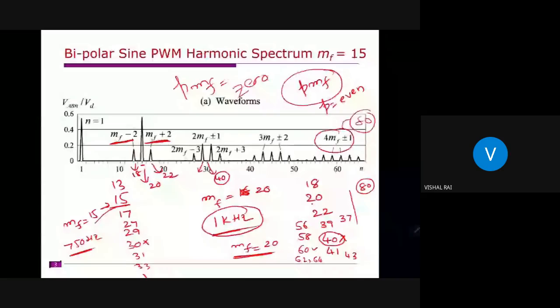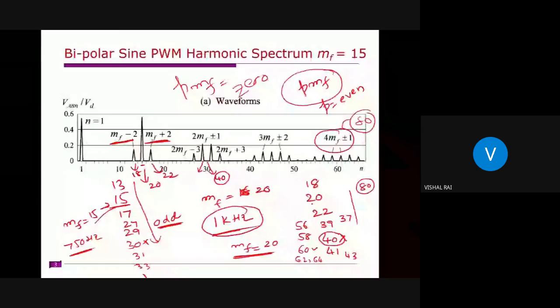If you compare these two, on one side you have MF equal to 15, and on the other side MF equal to 20. For MF equal to 15, we have 13, 15, 17, 27, 29, 31, and 33, so all of these are odd numbers.